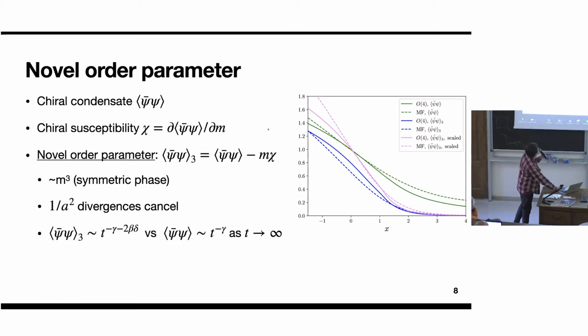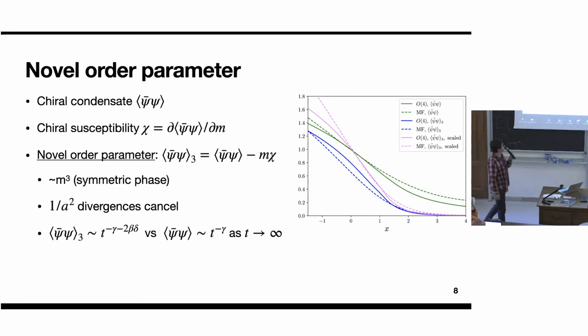Here on the plot, one can see how this order parameter behaves if we assume that it scales according to the O4 or mean field universality class. Green lines correspond to psi bar psi, blue lines correspond to psi bar psi 3, and the purple line corresponds to psi bar psi 3 rescaled. By rescaled, I mean that it goes through one point here with the chiral condensate.